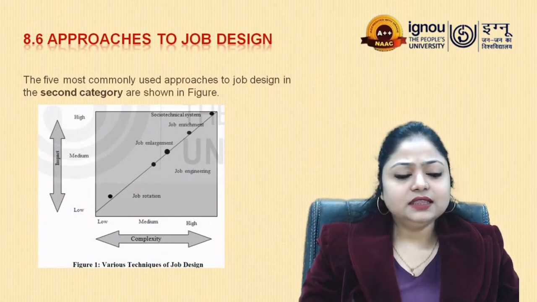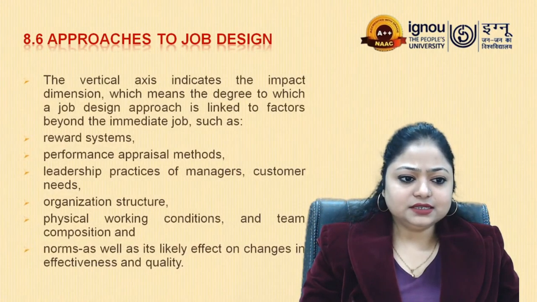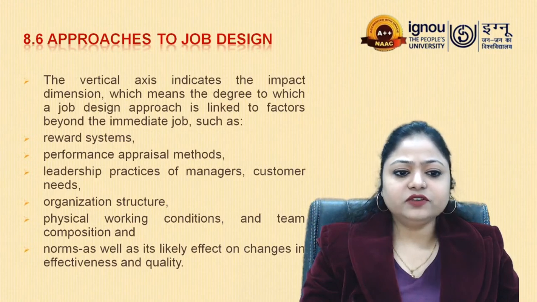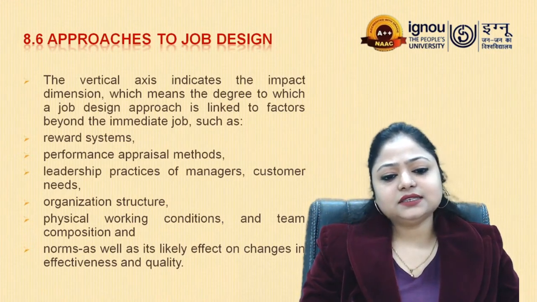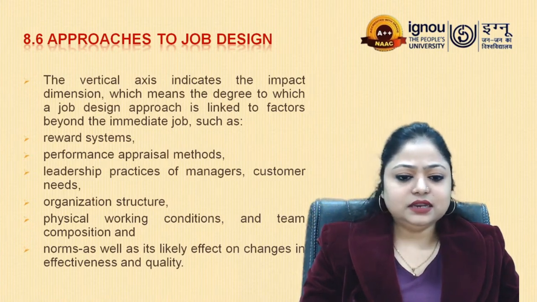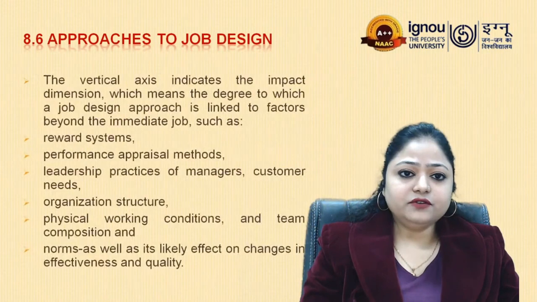As we can see, the impact on the employee is higher, medium, and low on the vertical axis, and organizational structure or physical work condition, team composition, norms, has its likely effect on the changes and effectiveness of the quality of the work.